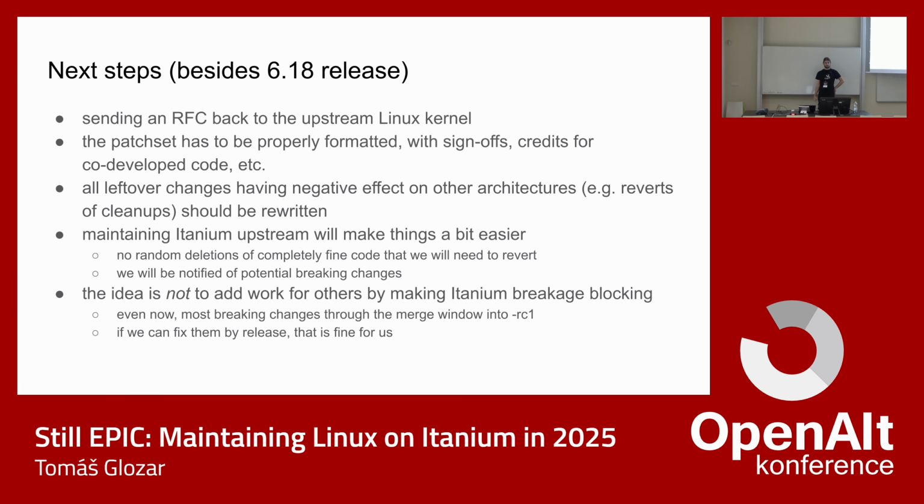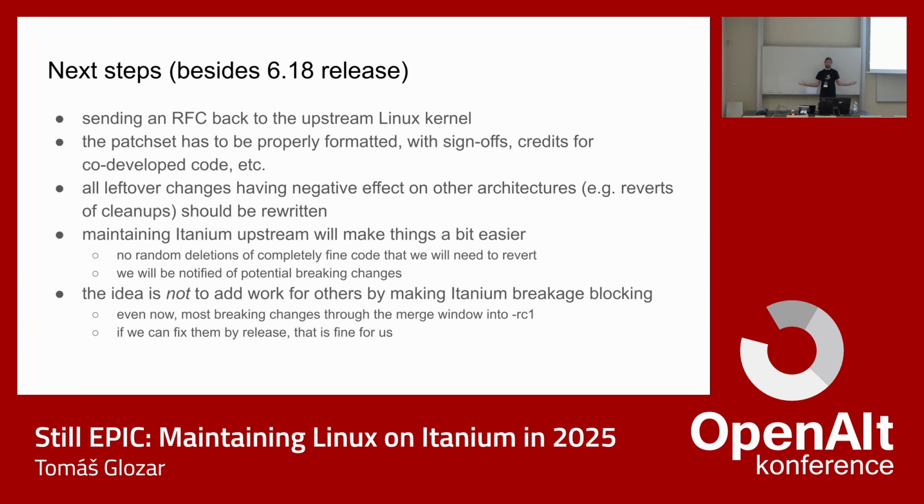And we have to also sort out all of the changes we made that might affect other architectures so that we don't break anything. But we expect that maintaining Itanium upstream will be easier, because people will stop deleting things that only affect Itanium, and we don't have to keep track of them and debug them and revert them, and we will also be notified of potential breaking changes.